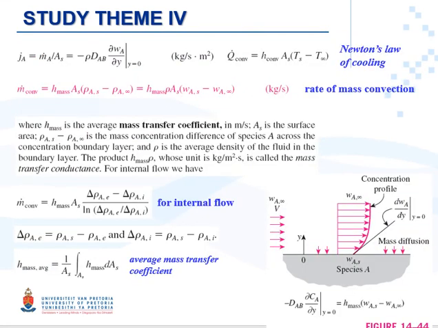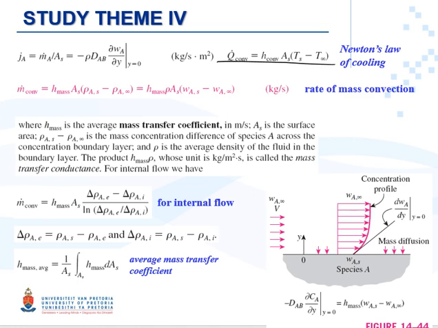Now I think we have all the basics and we are just trying to see how close they are to each other. We know from Newton's law of cooling that for convection heat transfer it was very easy.